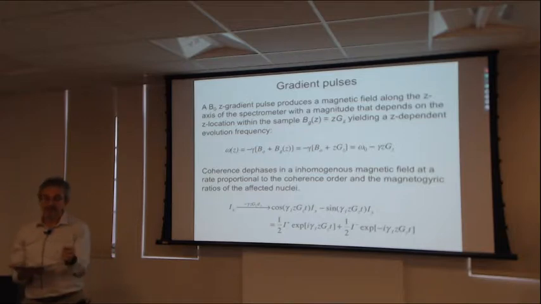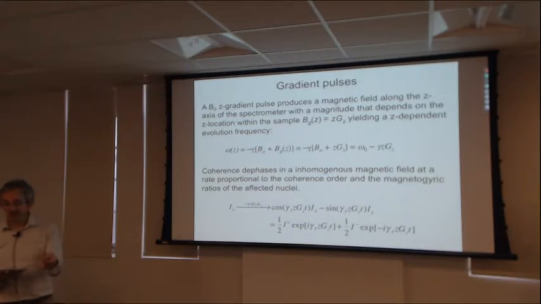Because for every Ix component pointing along the plus x direction, there's going to be one pointing along the minus x direction. So after the gradient pulse, if the gradient pulse is strong enough, if we turn on the receiver, we won't see any magnetization, we won't see any signal.